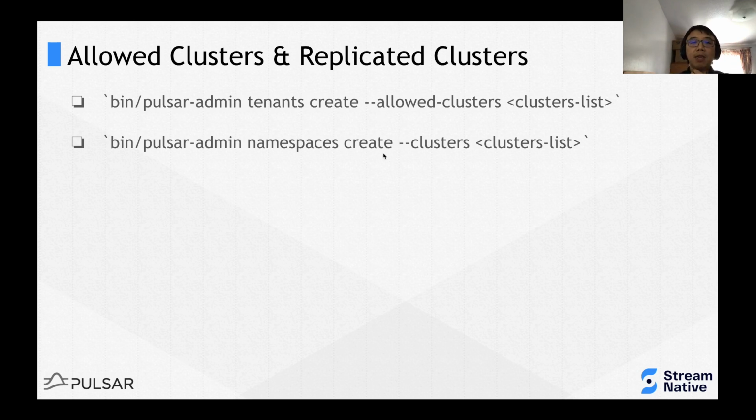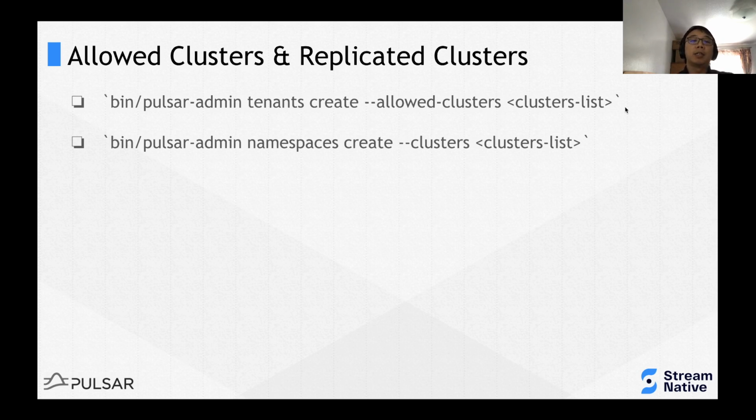Another command is you need to create a namespace, and the namespace will specify a list of clusters. The list of clusters you specify in the namespace creation should be a subset of the allowed clusters.